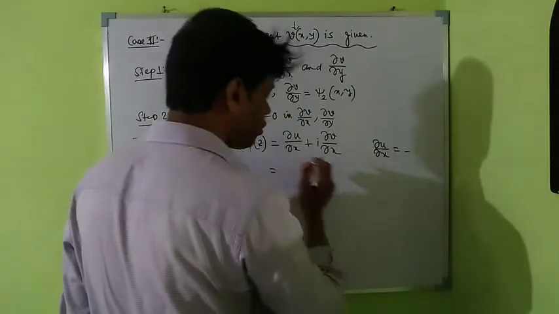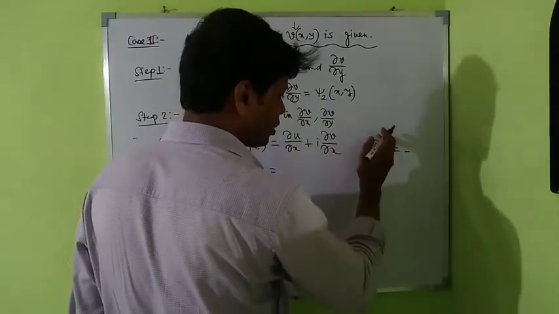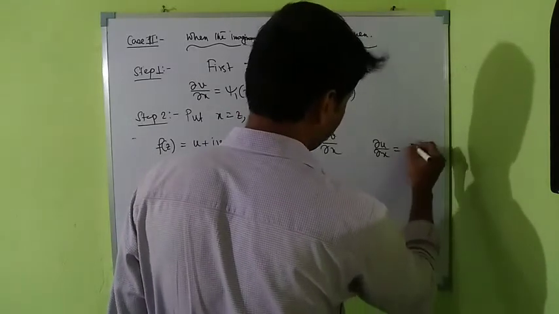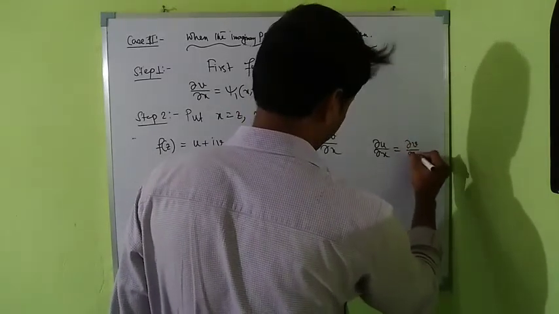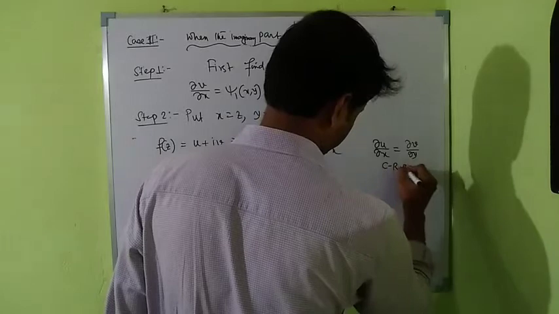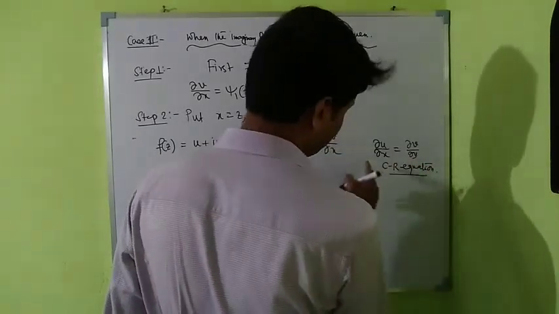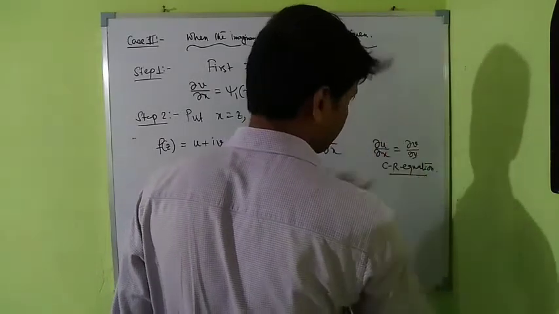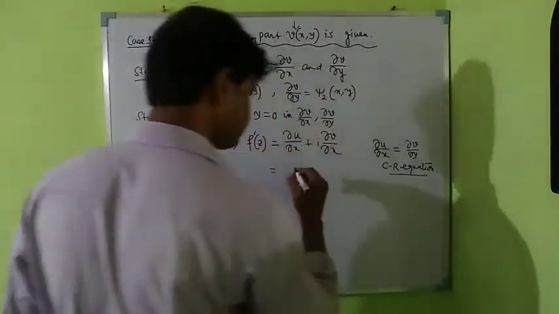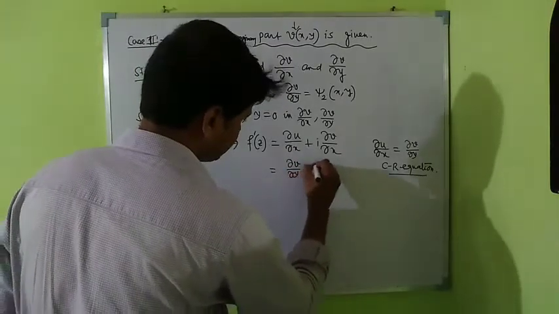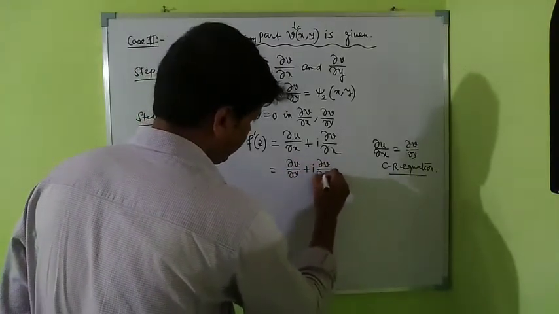By the Cauchy-Riemann equation, del u/del x is equal to del v/del y. The CR equation connects u and v. So this is del v/del y plus i into del v/del x.